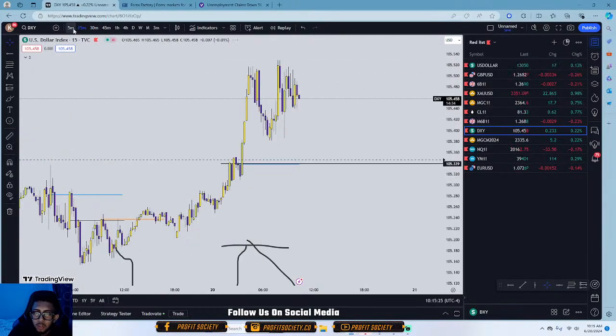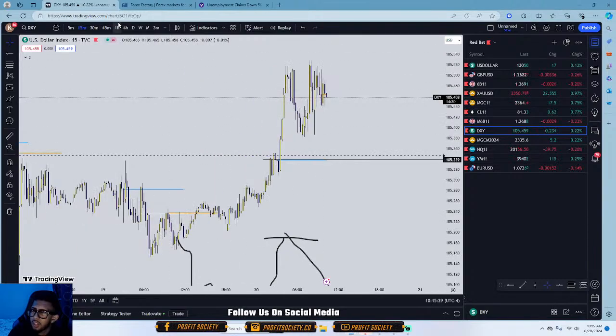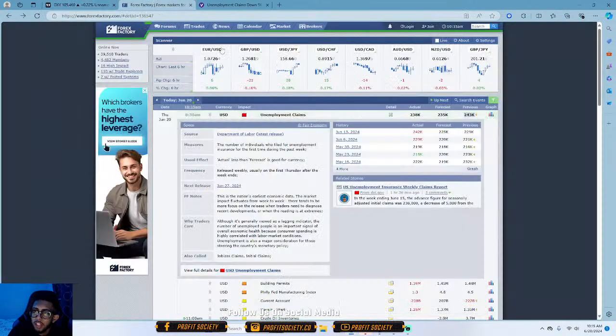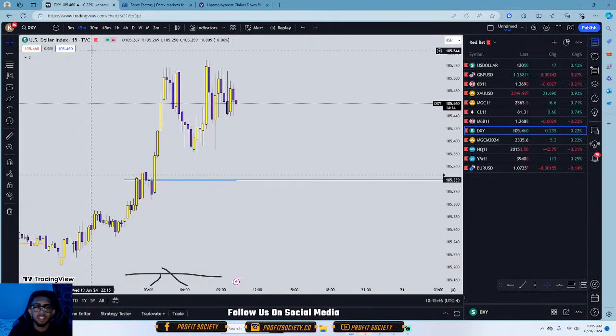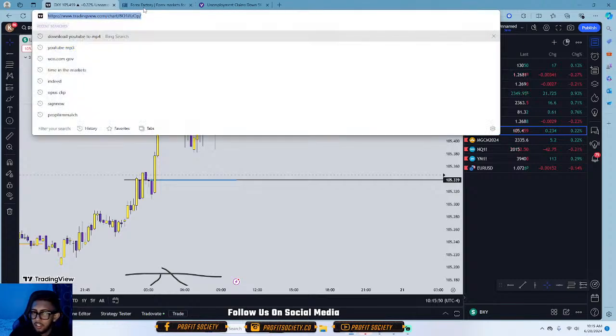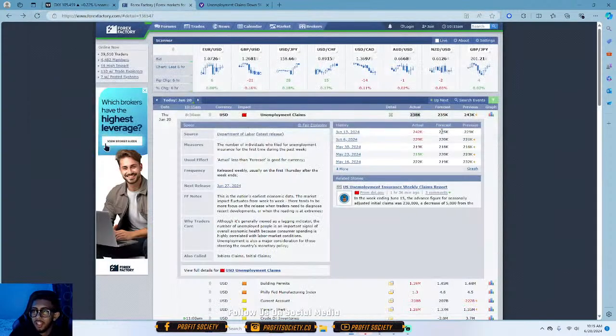So most likely, we do get some bearish signs here from the dollar because the market is reacting to the fact that, for example, we came out and we beat forecasts. People are probably seeing that. The market is seeing that. When I say people, we're thinking about the emotions of the market, right? Think about that.